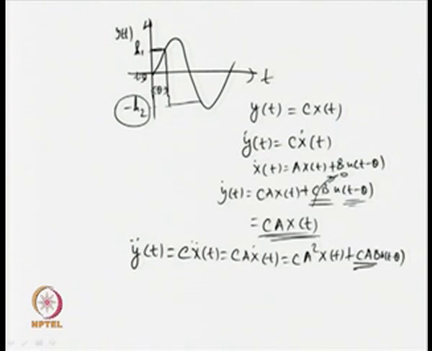Now, C A B may not be 0 and this factor will contribute to the abrupt changes in the derivative of the output signal.